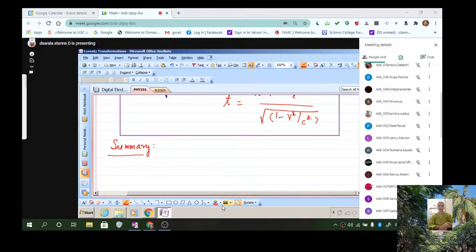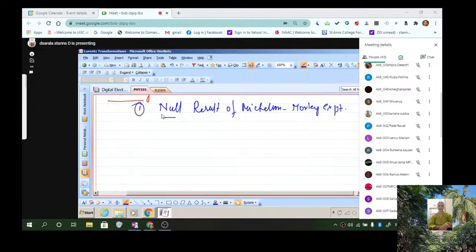We discussed the null result of the Michelson Morley experiment, and because it is null, what is the significance of this effect?